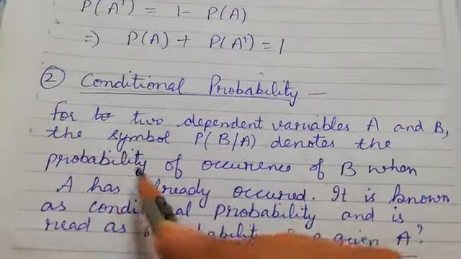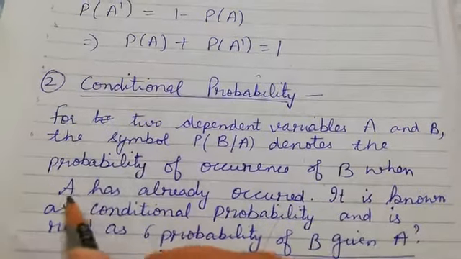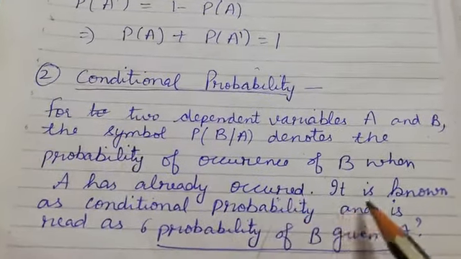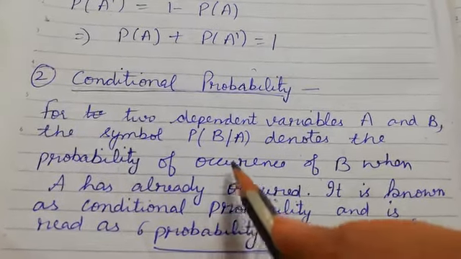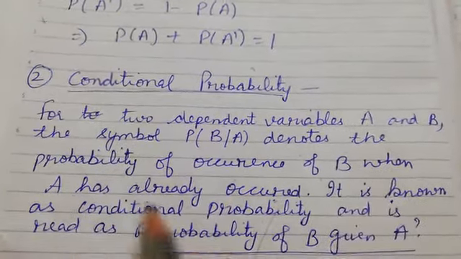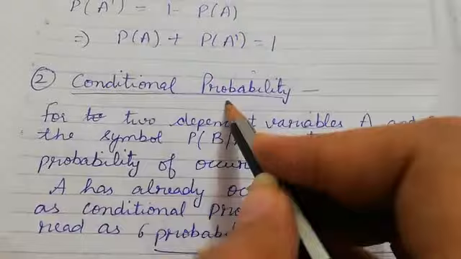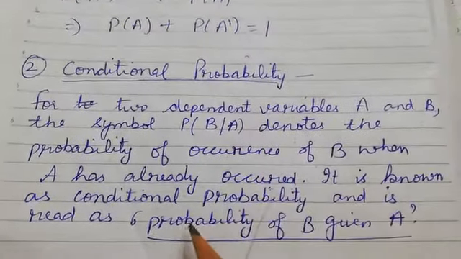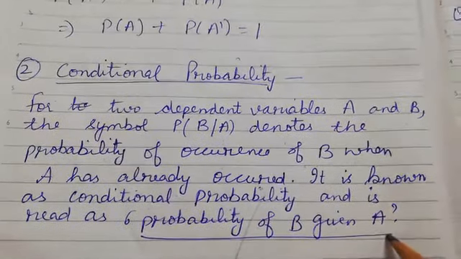This means we have to find the probability of occurrence of B in the environment where A has already occurred. It is known as conditional probability. It is also read as probability of B given A.